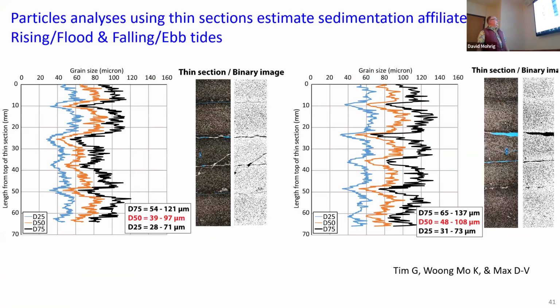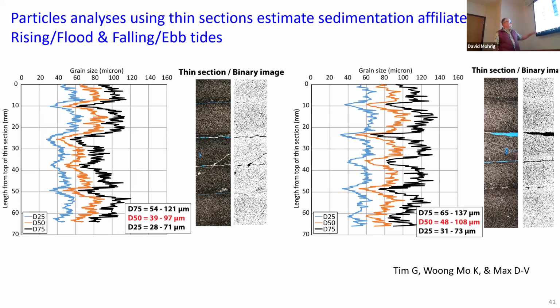And we also went to town and looked at the individual days. So now, rather than 40 individual beds, we're looking at 7 centimeters here, basically, and we're looking at individual days.